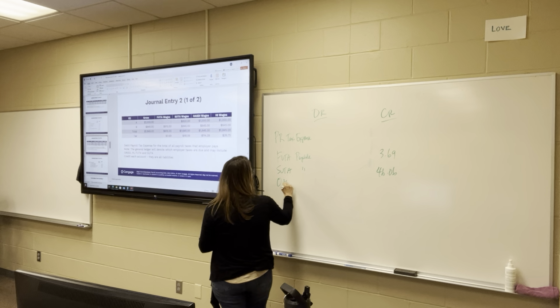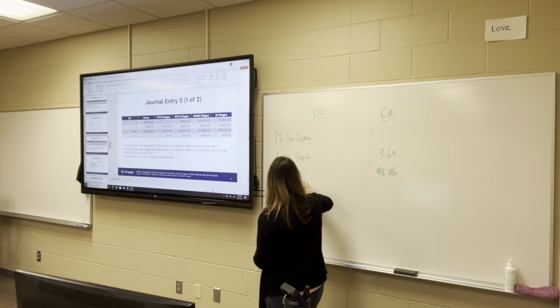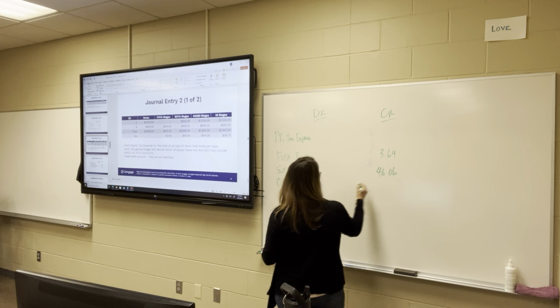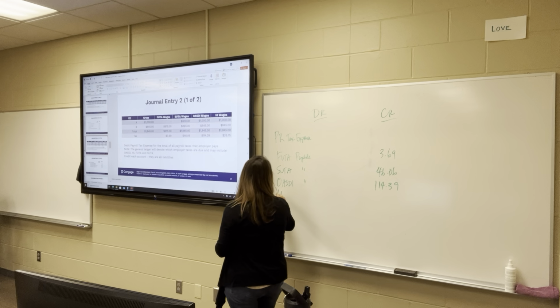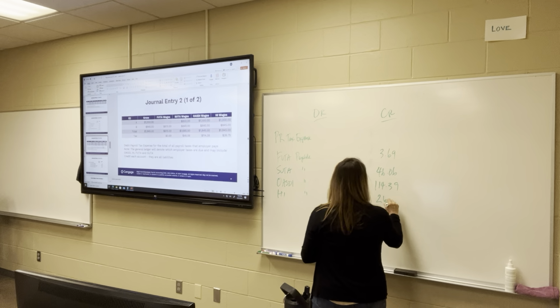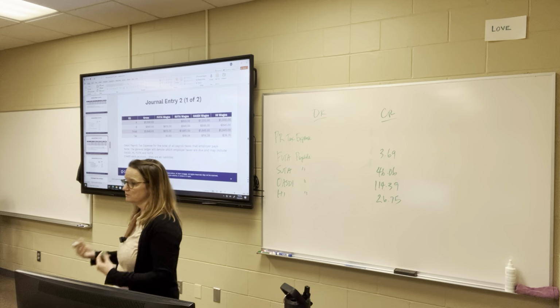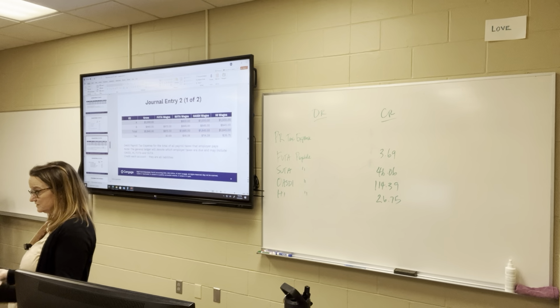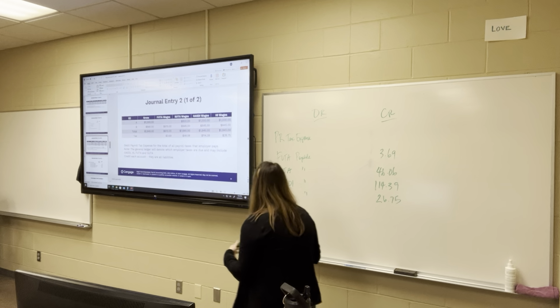OASDI payable, and of course, this is the employer's portion of that OASDI, $114.39. And we've got HI payable of $26.75. Now, we don't have a cash entry on this journal entry because we're not paying any cash out at this point. We're just recording the amounts that we are going to owe.